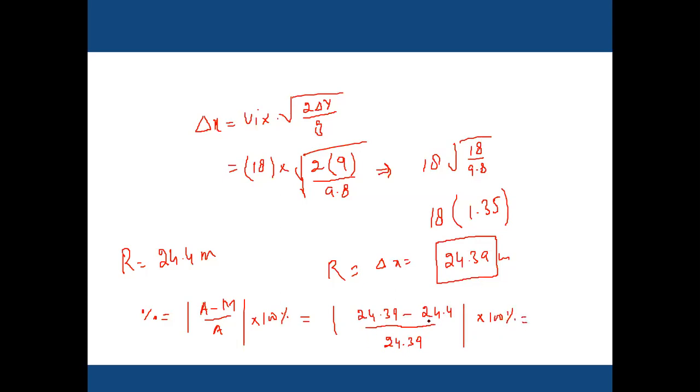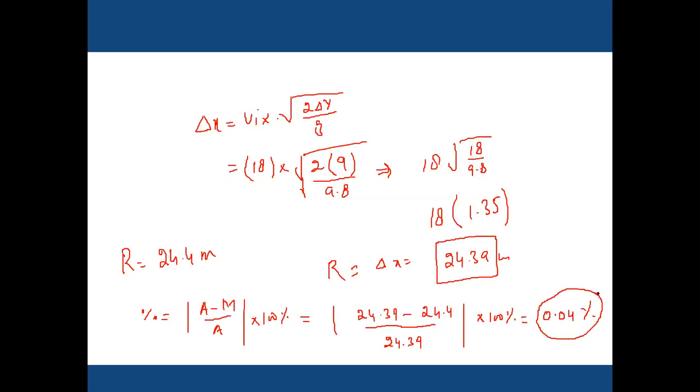So 24.39 minus 24.4, then divided by 24.39, then multiply with 100. This will give you 0.04 something. 0.04% error between the measured value and the actual value.